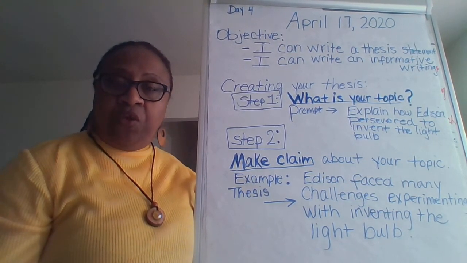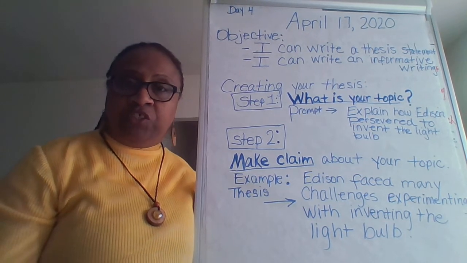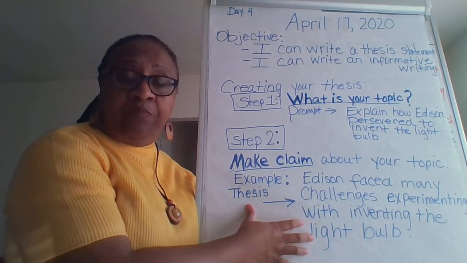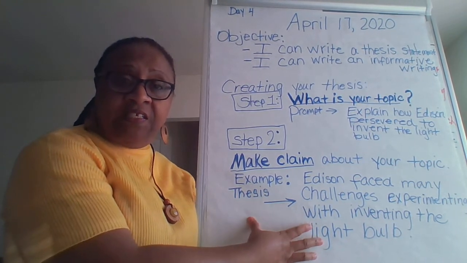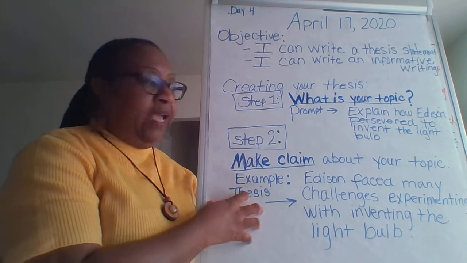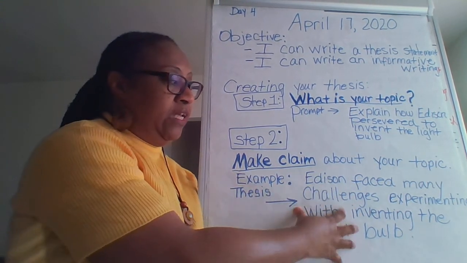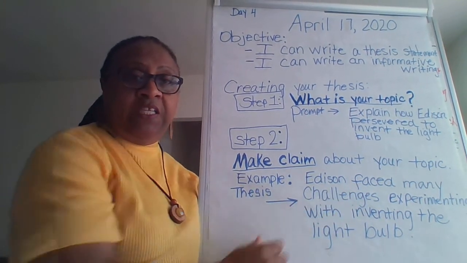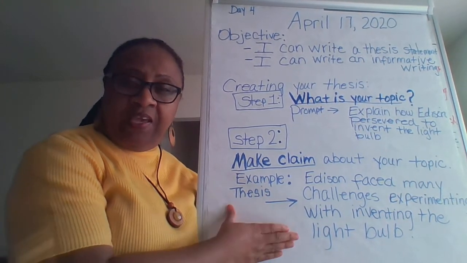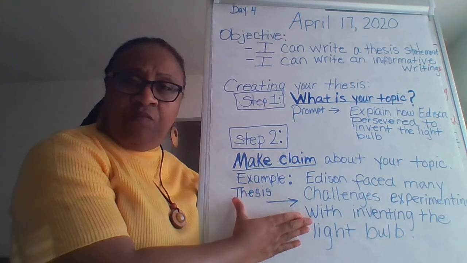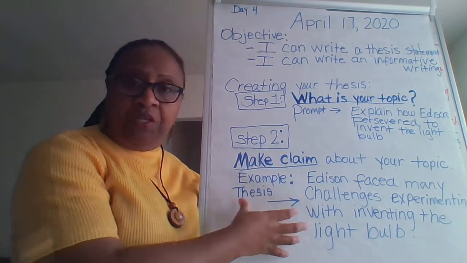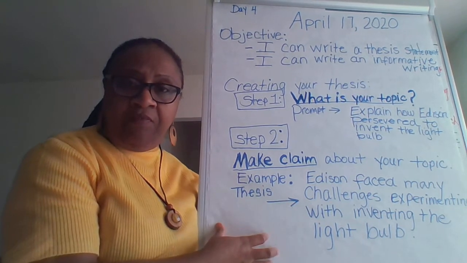If I were to write based on this thesis, I would start my introduction with a good hook, and then I would fill in this thesis statement. Normally your thesis statement is going to come in the last sentence of your introduction paragraph, but it's okay to include it anywhere in that paragraph.